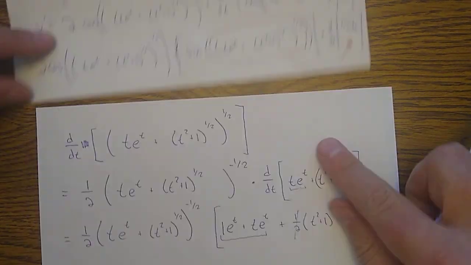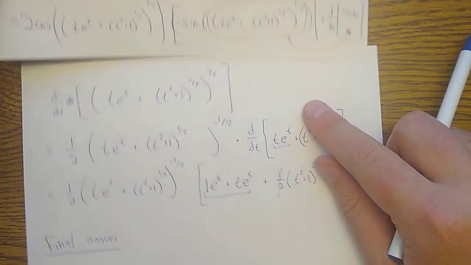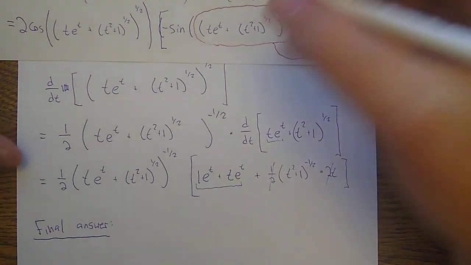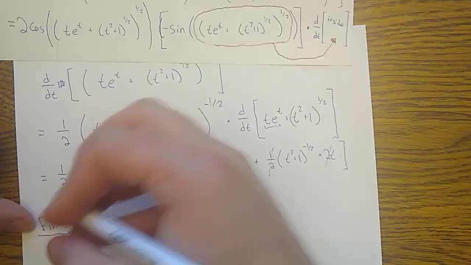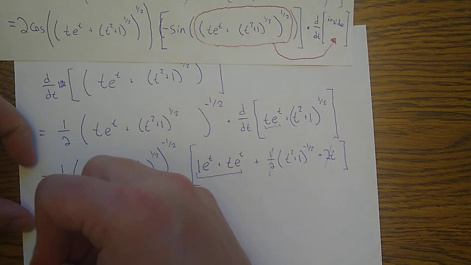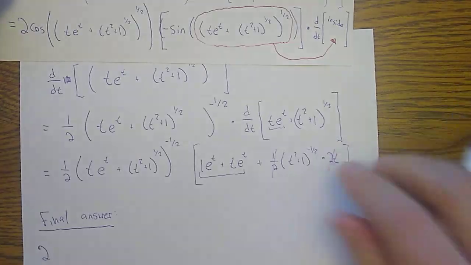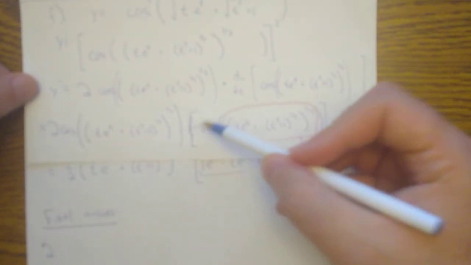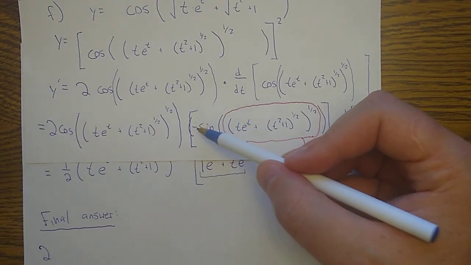And I will, because I was foolish enough to make up this problem, I will now painstakingly write down the final answer. Actually, let me take this negative sign, and I'll write it in front.